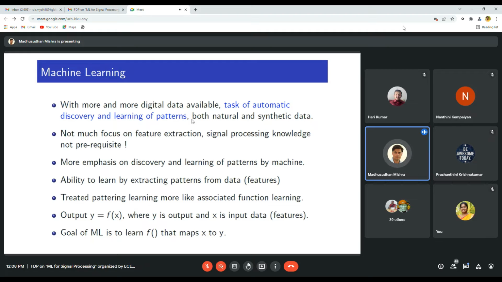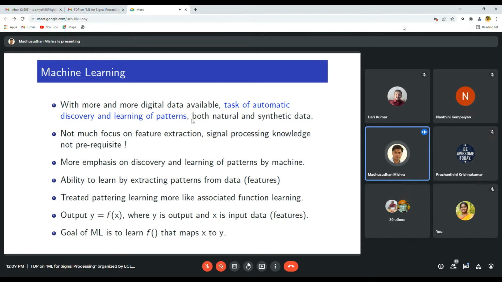With more and more digital data available these days on the internet, there is a flood of data. So the task is automatic discovery and learning of patterns, in both natural and synthetic data. There is not much focus on feature extraction, and signal processing knowledge is not a prerequisite. Even if signal processing knowledge is not there, one can still go for machine learning, because more emphasis is put on discovery and learning of patterns by the machine.